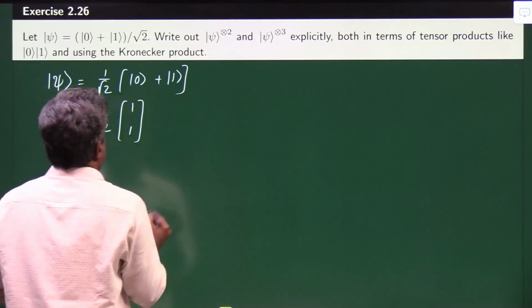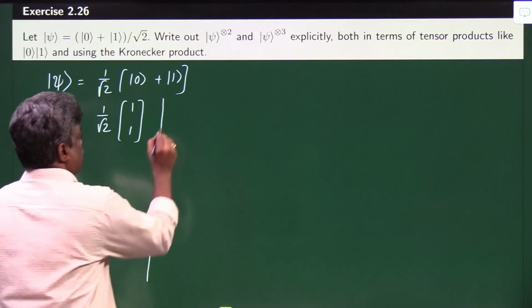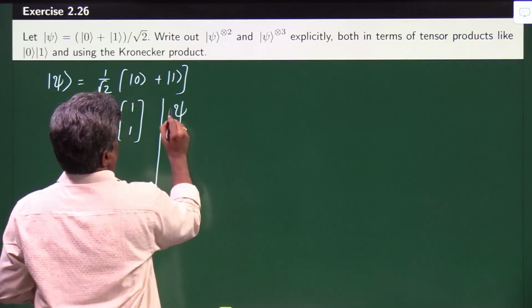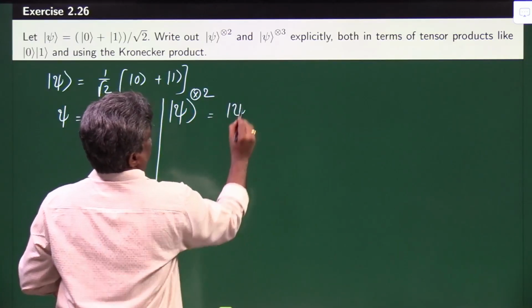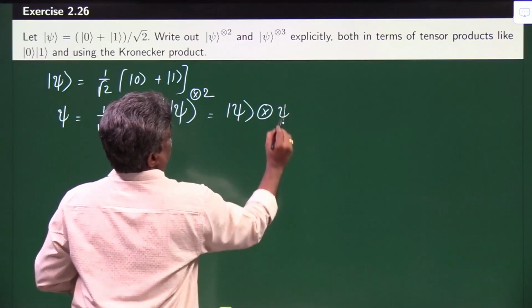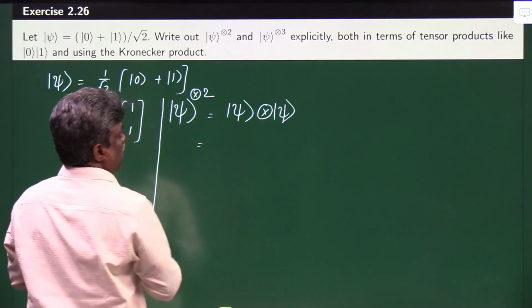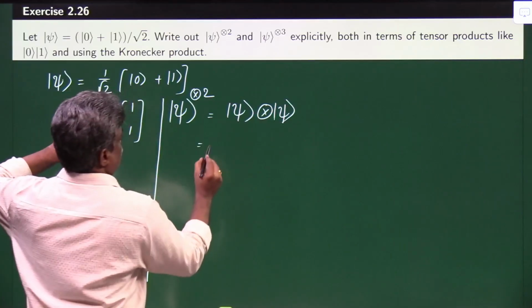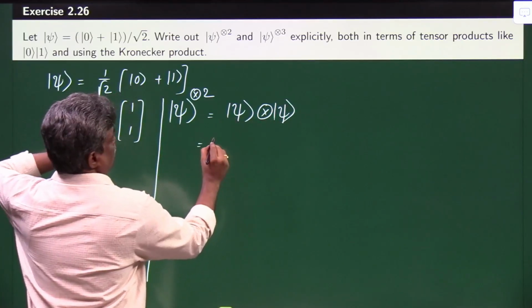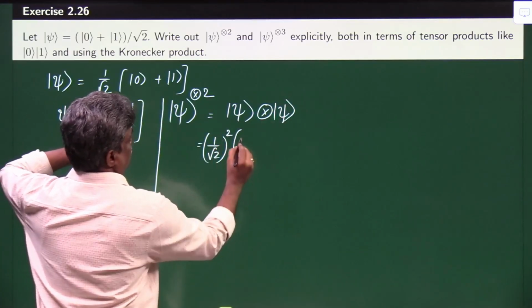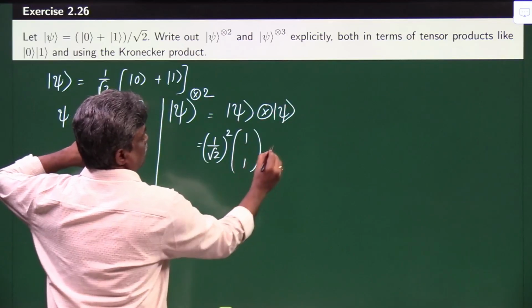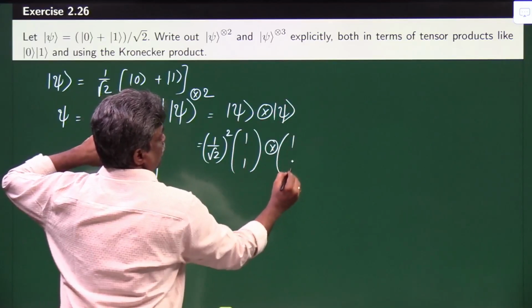Now first let me find the tensor product 2 times psi. This is nothing but ket psi tensor psi. Okay, fine. So just write psi as 1 by root 2 whole square, so 2 times, and the first vector is 1, 1, tensor product 1, 1.